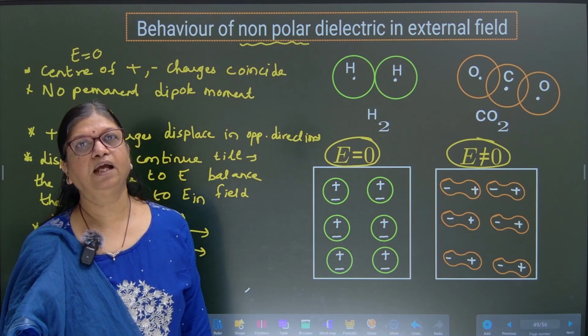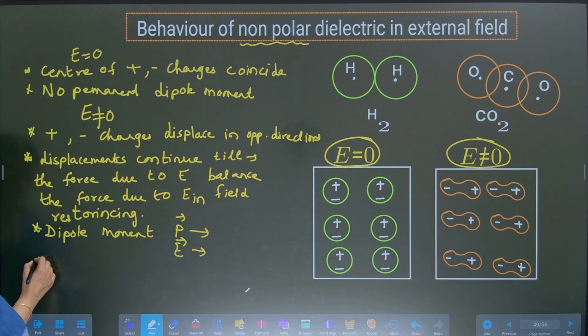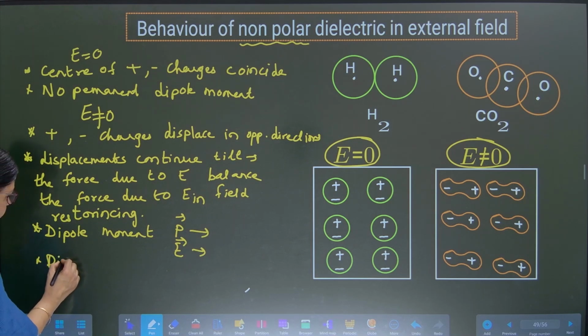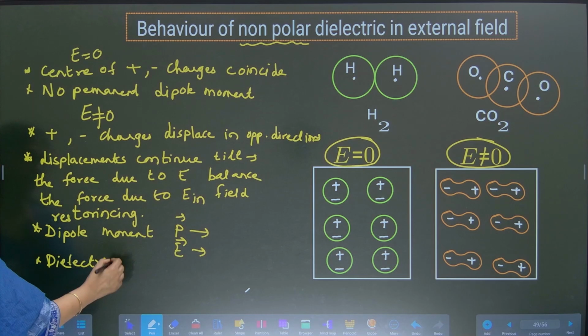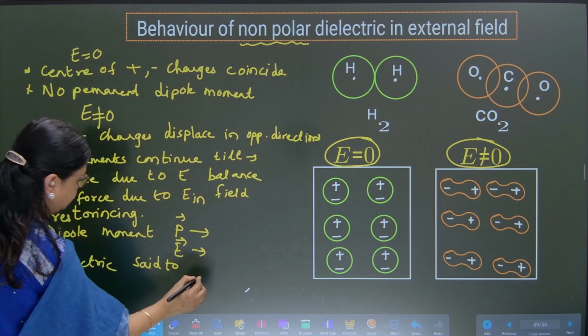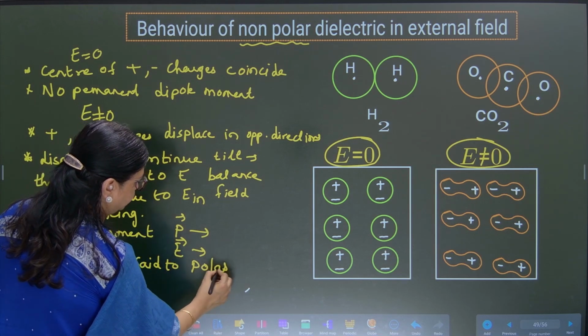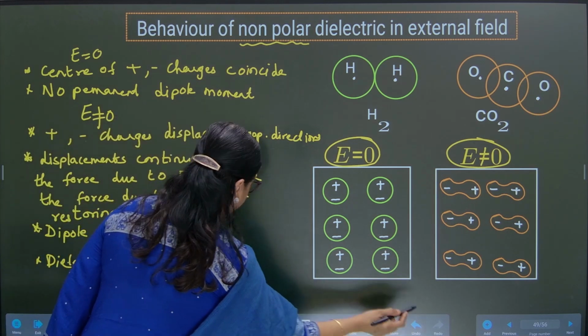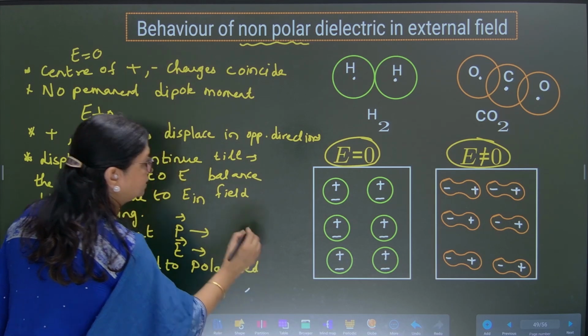And this dielectric is said to be polarized.